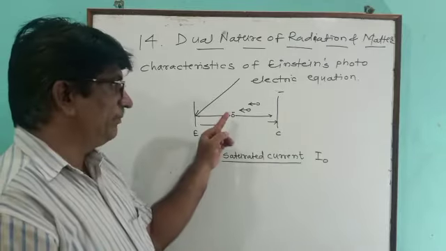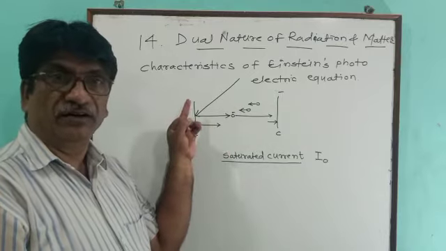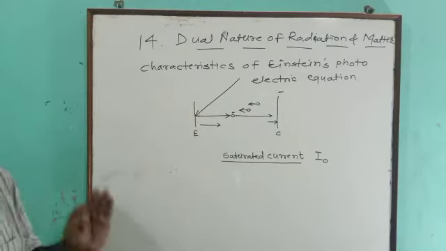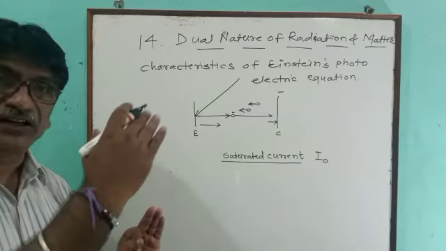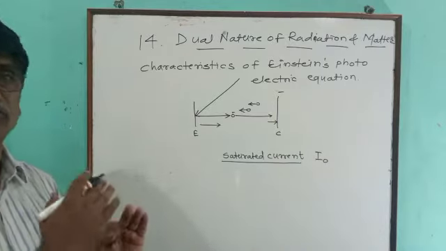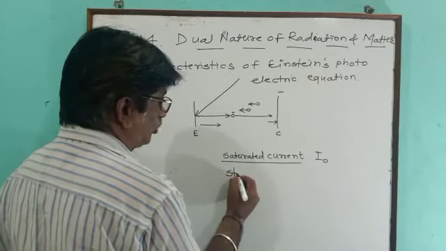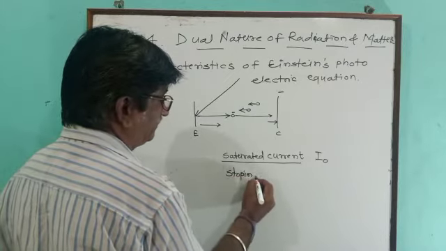These repelled electrons are stopped. As electrons stop, the current reduces to zero, and that potential is called the stopping potential.